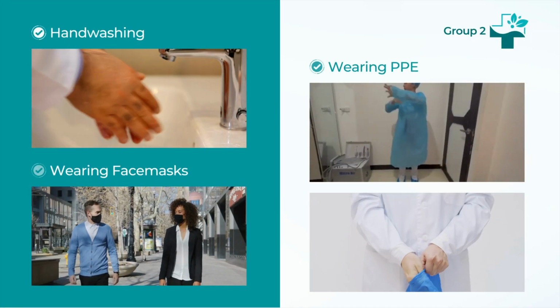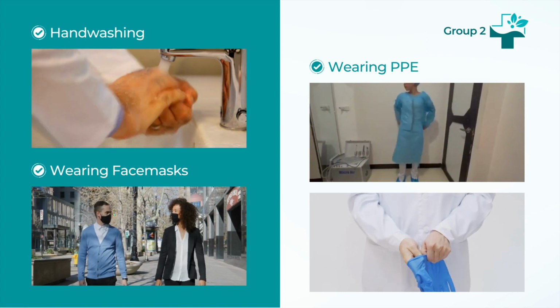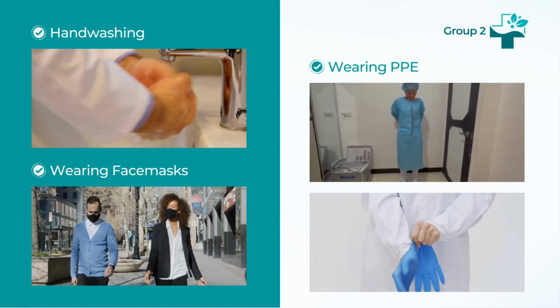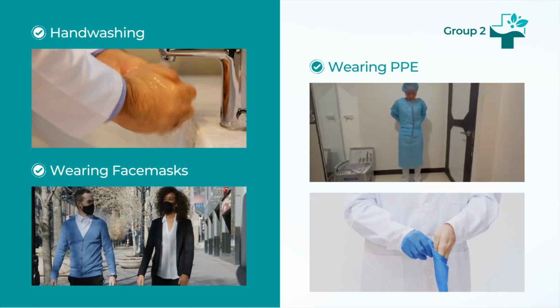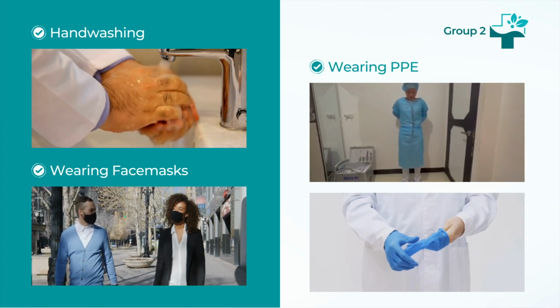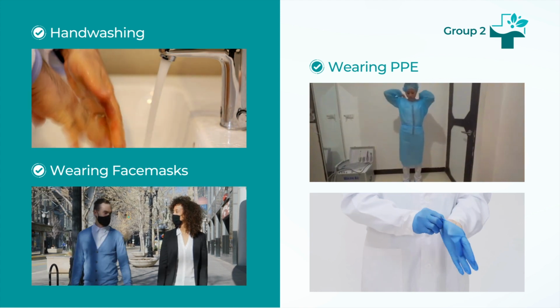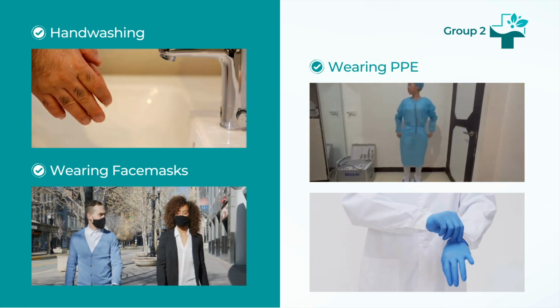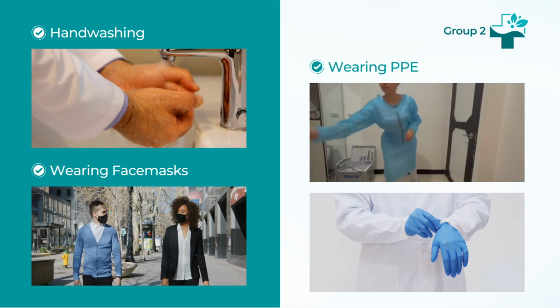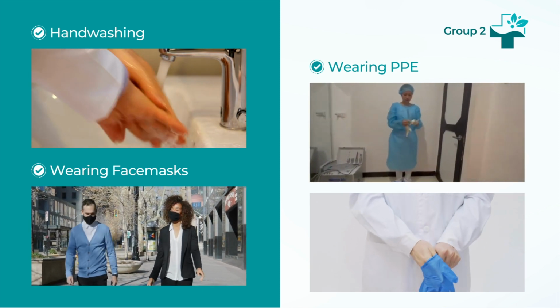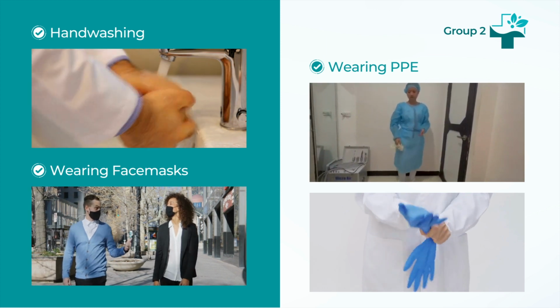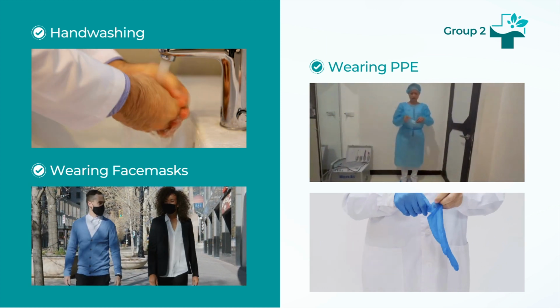In order to stop or control the spread of viruses and diseases, it is important to note that one must be disciplined as to keep themselves sanitized by consistently washing their hands, wearing face masks, and wearing the appropriate PPE whenever they are to come in contact with people affected by them. In hospitals, clinics, and laboratories, wearing of personal protective equipment is a must.